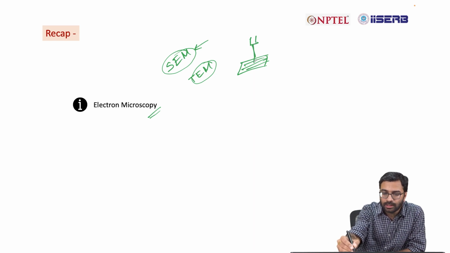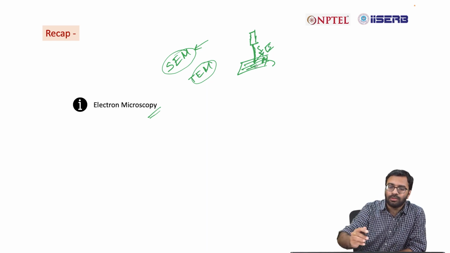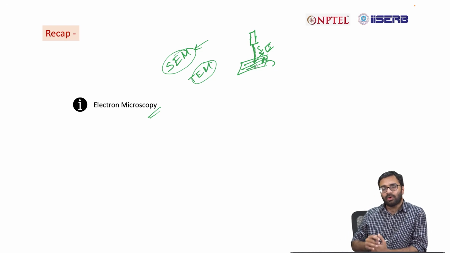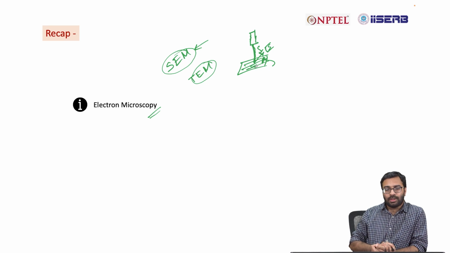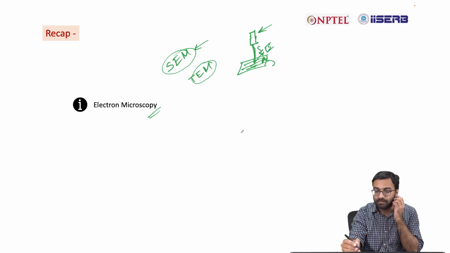The electron gun creates an electron beam that interacts with the surface of the sample, and then you detect the reflected electron beam in order to get an idea about the morphology of that particular substrate or thin film, whatever it is. In the case of SEM, the energy associated with the electron beam is comparatively less.